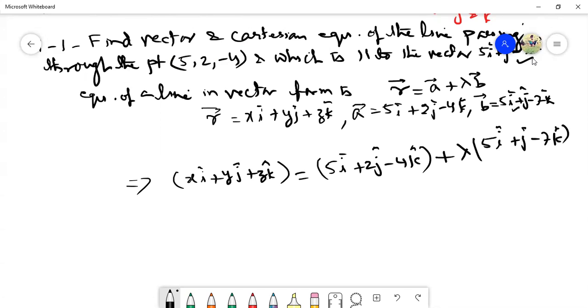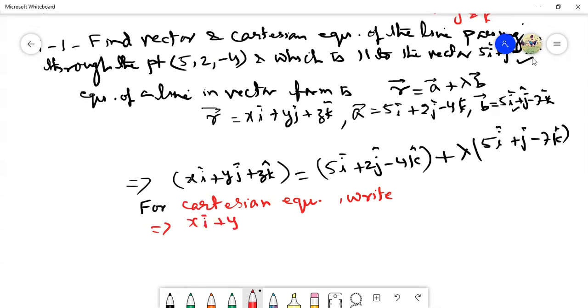Okay. Now for the Cartesian equation, how will we do it? First write xi plus yj plus zk on the left side, which we did in the first form.